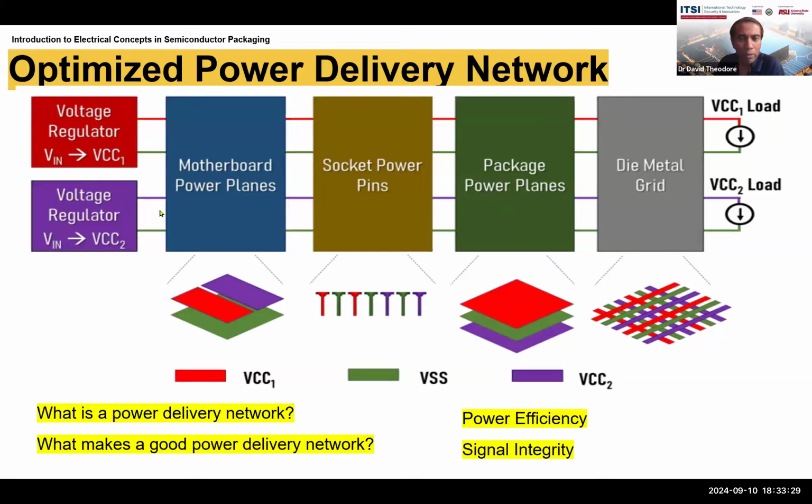So here we've talked about the fact that you have a motherboard, then you have sockets that make connection to the motherboard, then you have the package, then you have the die making contact to the power to the package. So when you look at this physically, the voltage regulators are basically providing input to the power planes on the motherboard. And this is what I mentioned previously, where you can have a green, like a ground plane, which is basically metal.